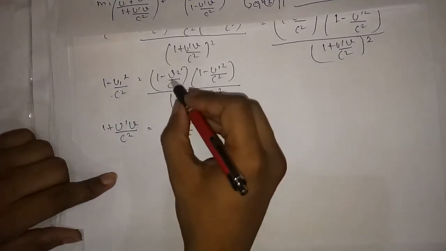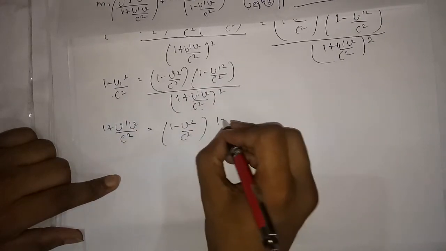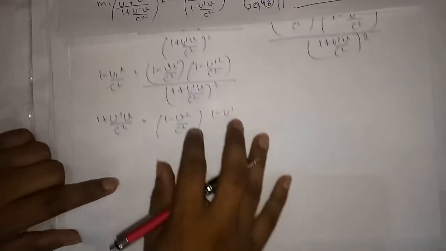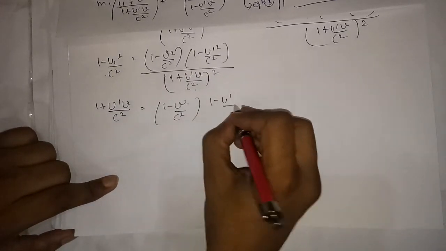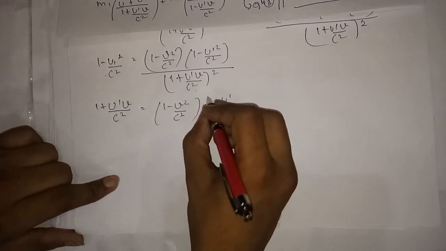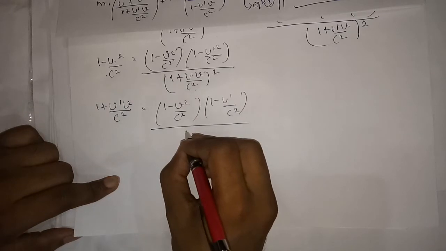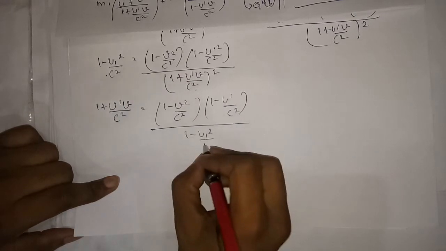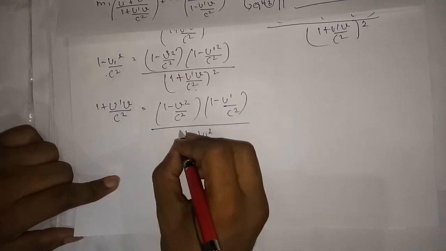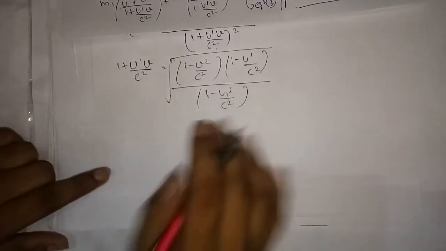So we will be left with 1 minus v square upon c square into 1 minus u dash square upon c square upon 1 minus u1 square upon c square under root, right?